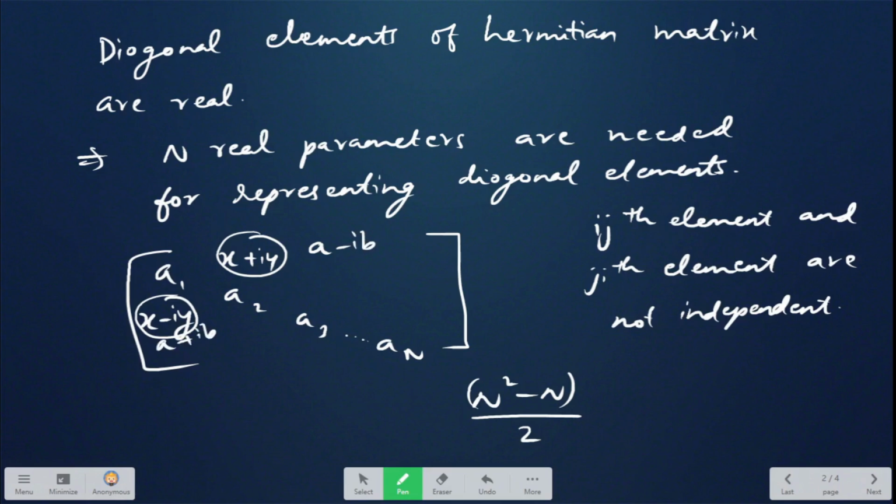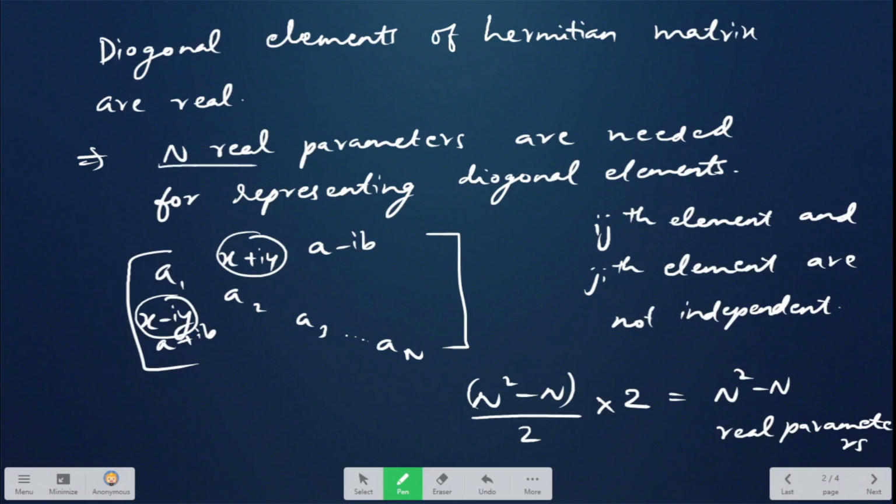Now off diagonal elements can be complex numbers, so to represent each complex number, you need two real parameters, which means you need n square minus n real parameters for representing off diagonal elements.